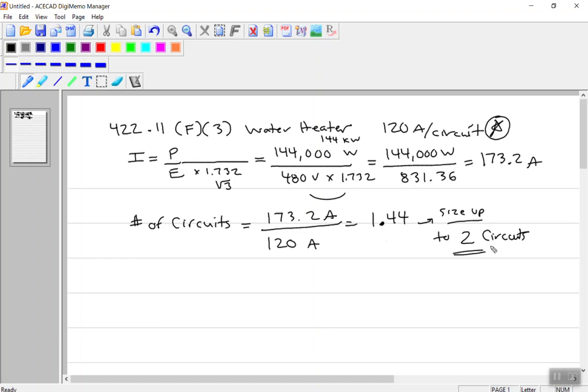I hope that makes sense. Once again, the article reference first to get the amount of ampacity we could have on one circuit, and then use Ohm's law. I is equal to P over E times the square root of 3. And remember, you guys, that comes from the workbook. This is something that I think is very important.